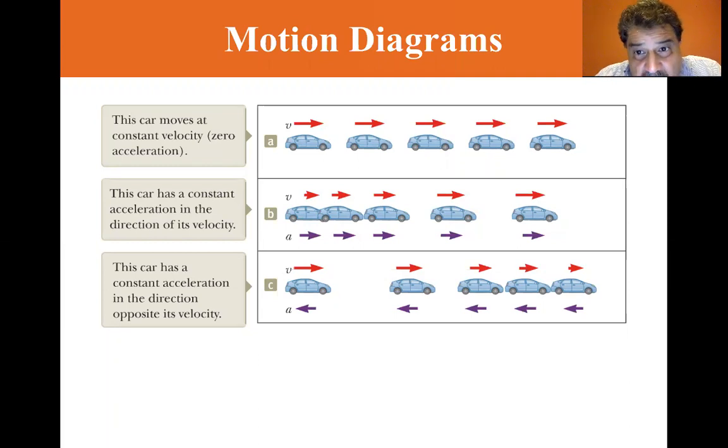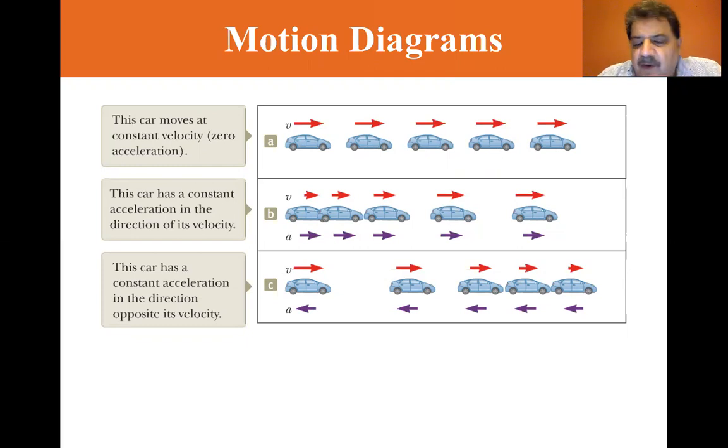So the red vectors of its velocity are all equal, and there are no purple arrows because acceleration is zero. If it's constant velocity, the acceleration is zero. In the particle under constant velocity model, the red velocity arrows are all of equal length and there are no purple acceleration arrows. Their length is zero. There is no acceleration.